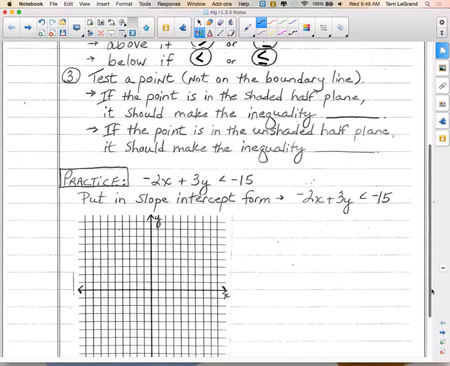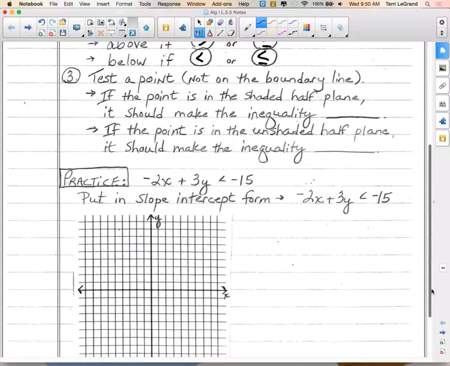So if the point that you're testing comes from the shaded half plane, it should make the inequality true or false? This is like what you did in problems 2 through 4, 12 through 14 in the homework. You tested to see if a point made the inequality true or false. So if we pick a point from the region that we shaded, should that make the inequality true or should it make it false?